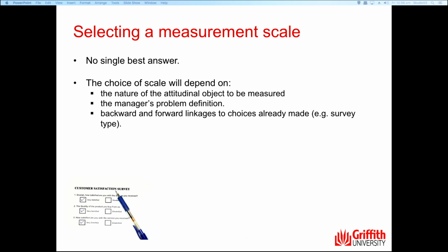So in terms of selecting a measurement scale, like I said before, there's no single best answer. It depends on quite a few things, including the nature of the attitudinal object to be measured. It also depends on the manager's problem definition, and on backward and forward linkages to choices already made.